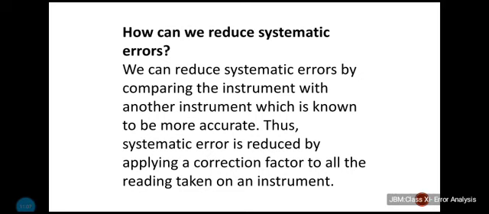For example, whenever we are using instruments like vernier calipers, slide calipers as you call it, or screw gauge, we always take into consideration the zero error, and if there is any zero error, we have to either add it or subtract it from the final measurement. We have two types of zero errors, positive zero error and negative zero error. So we can remove the zero error and then only will we get the exact measured value.